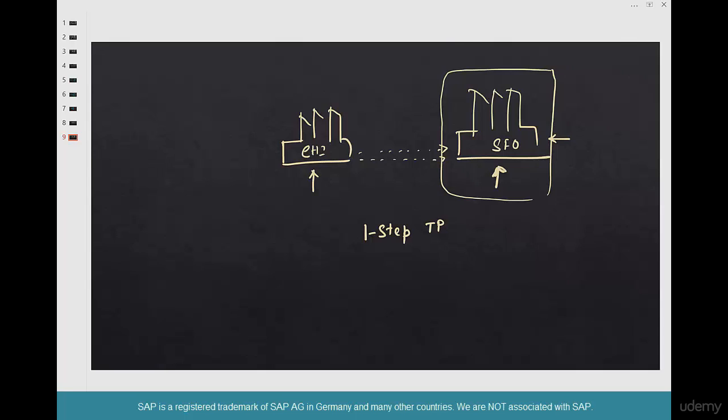For now, we are going to do the stock transfer, which is basically a process of moving stock from one location to another, plant to plant, storage location to storage location, etc., using the method of transfer posting. So, to do a transfer posting from one plant to another, what is the movement type that should be used? That's the first question you have, isn't it? I don't know. Let's go search.